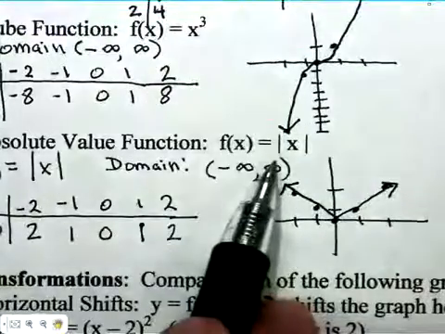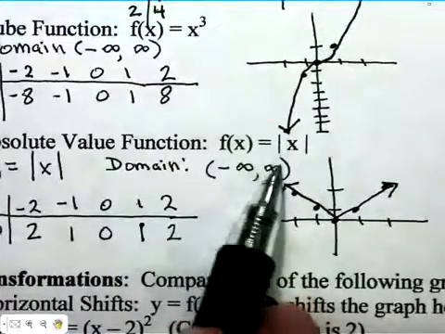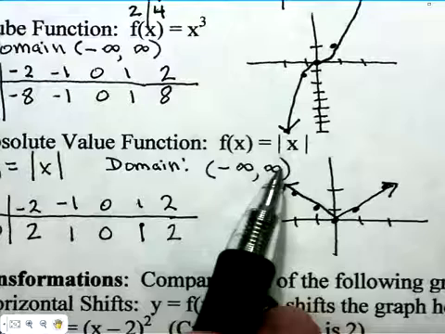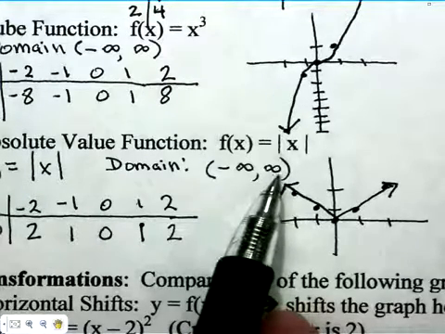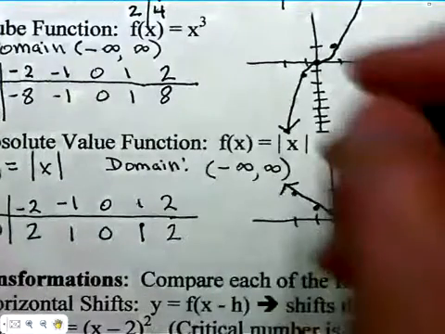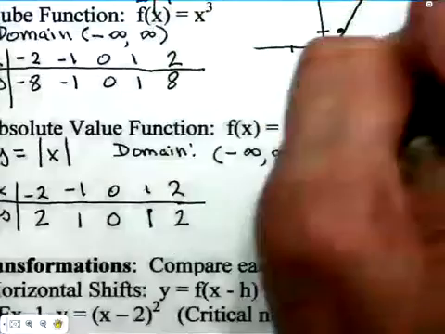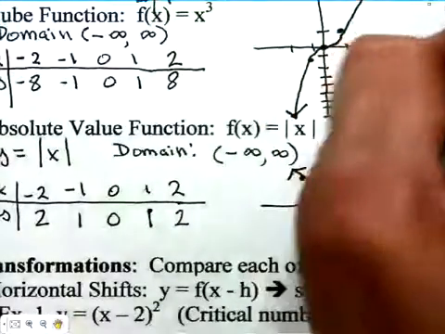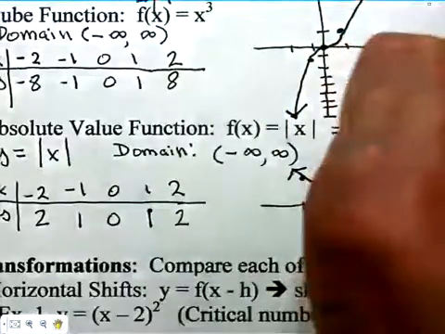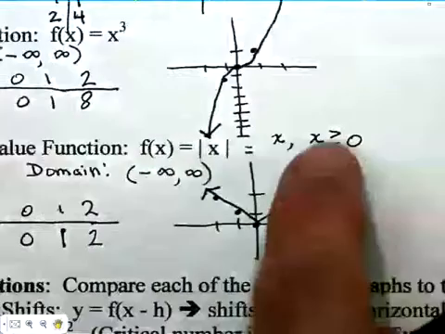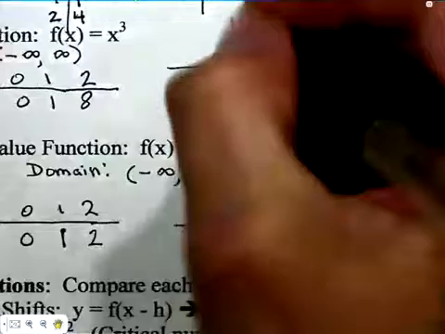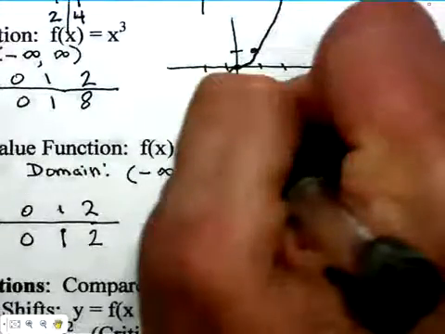Think of how I could define absolute value. If I put in any positive number, what does the absolute value function spit out? The same thing, right? So for any positive x, anything greater than or even equal to 0, the absolute value gives me the same function, y equals x.